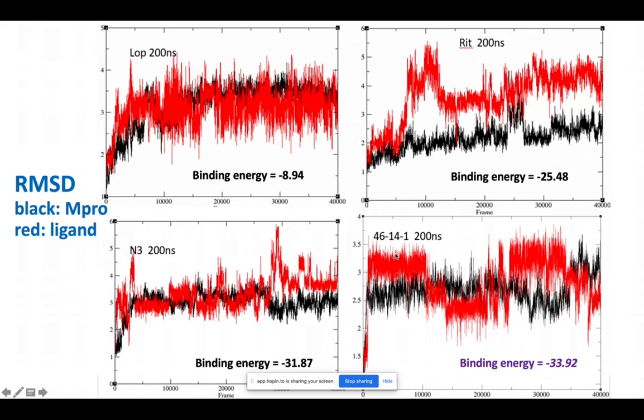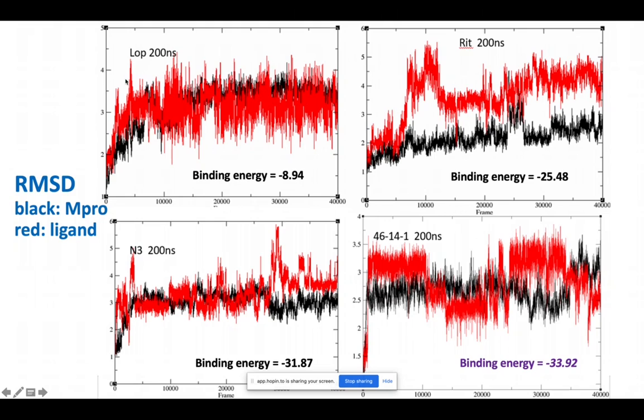So we run this molecular dynamics simulation to calculate free energy to see how stable the conformation is. We found that these 2 HIV candidates, their binding energy is not very strong. N3 is a known drug and indeed has a much stronger binding energy, but ours has even stronger binding energy than N3.